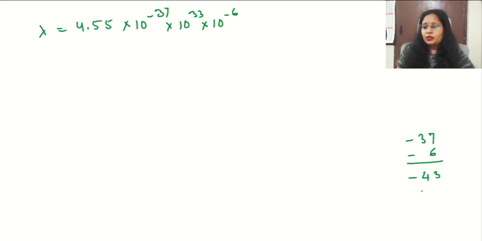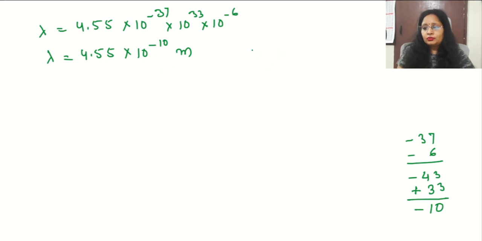Now minus 43 and plus 33 remain, opposite signs, so subtraction will happen. It will become 10 and the sign will be minus. So here we get lambda equal to 4.55 into 10 to the power minus 10 meter.